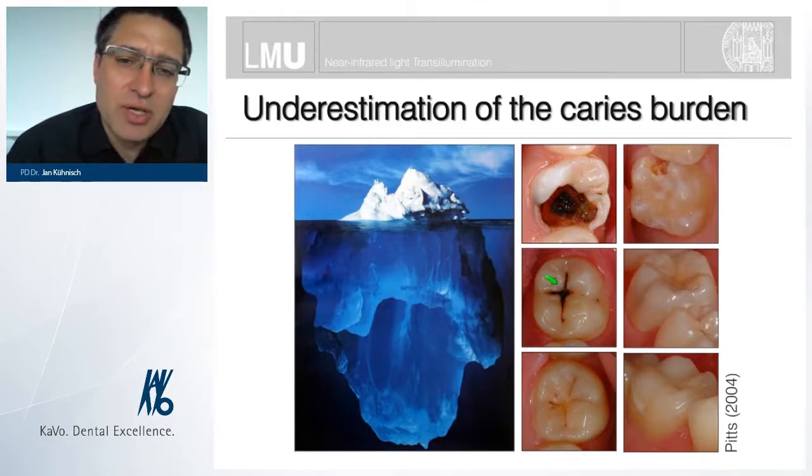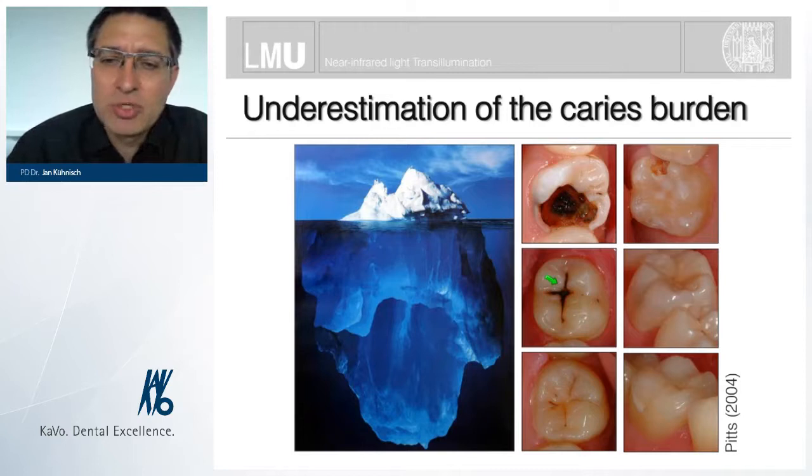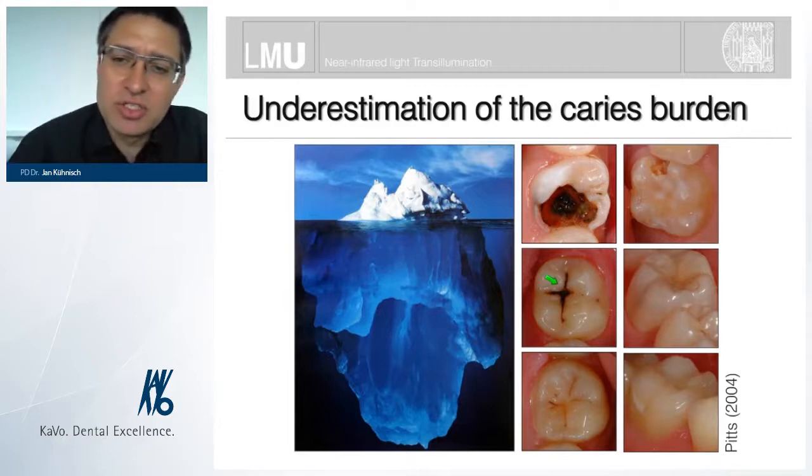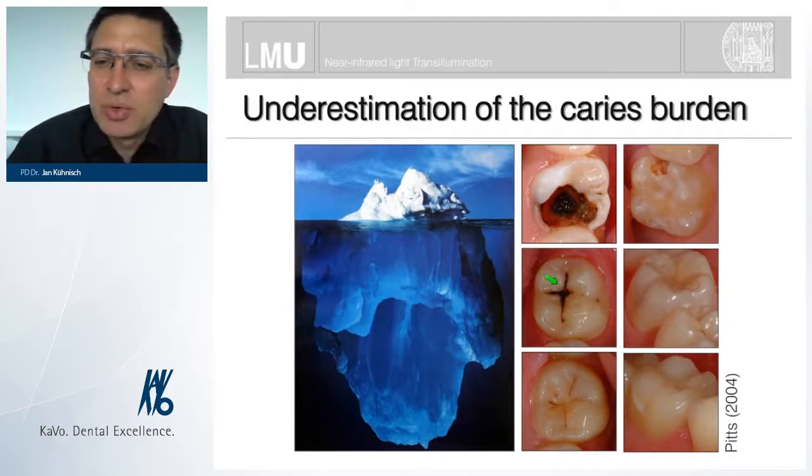This is the burden of caries, and this can be understood today as non-cavitated caries lesions, which we can find on all tooth surfaces. We will find these non-cavitated caries lesions in pits and fissures. We will see them on proximal sides as well as on smooth surfaces.